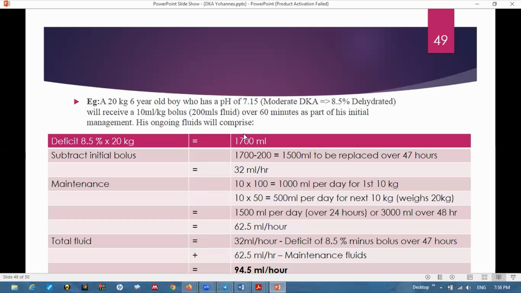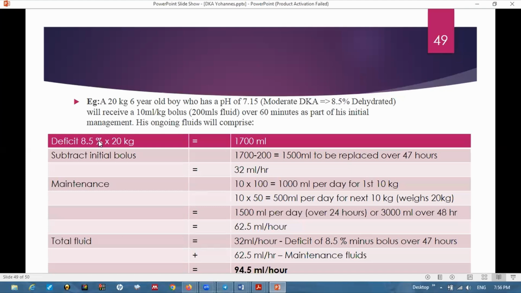First we will assess whether he has mild, moderate, or severe DKA. Based on the pH level of 7.15, it is moderate DKA. For moderate and severe, we use 8.5% dehydration. Initially, we will give him a 10 ml per kg bolus over 1 hour.